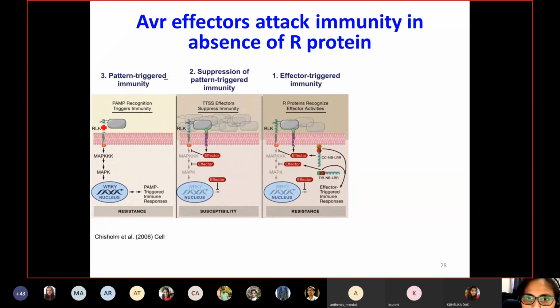By recognizing this molecule, it activates a signaling pathway, for example the MAP kinase pathway, and then it induces different kinds of proteins which enhance resistance in the plant. So you get a resistance system in the plant, and you are fending off the infection caused by the pathogen.